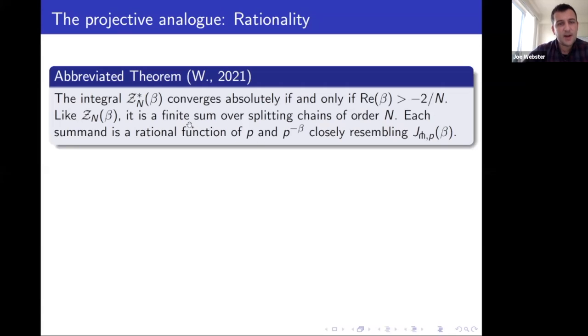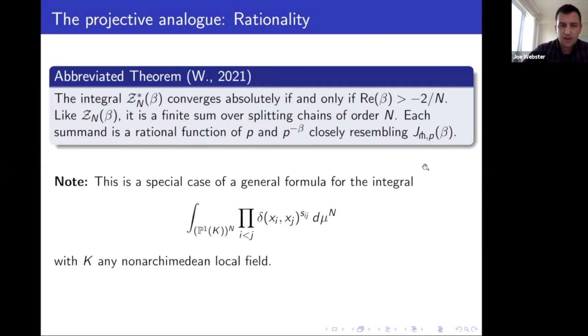And it's actually a finite sum over splitting chains of order n as well. And each of the summands in this sum is again a rational function in these two values that closely resembles the rational functions we saw before. But again, the way in which they're changed is just complicated enough that I won't have time to get into it here.